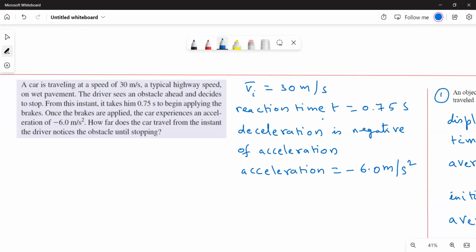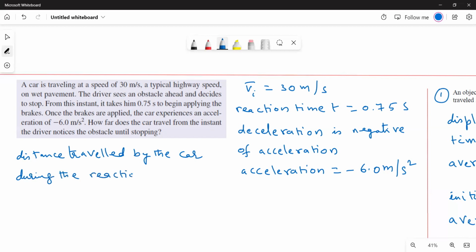That reaction time is given to us as 0.75 seconds. Now we will calculate how much distance the car travels during this reaction time. So, distance traveled by the car during the reaction time, we can find out: d is equal to vt, velocity times t.